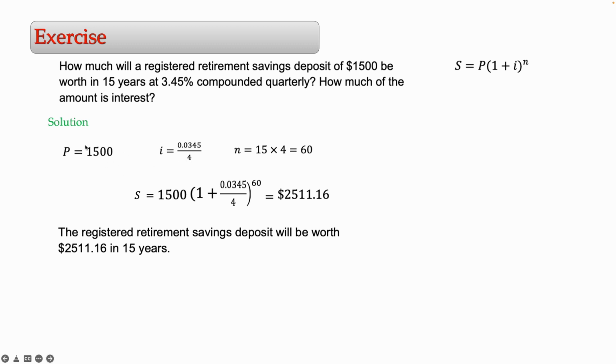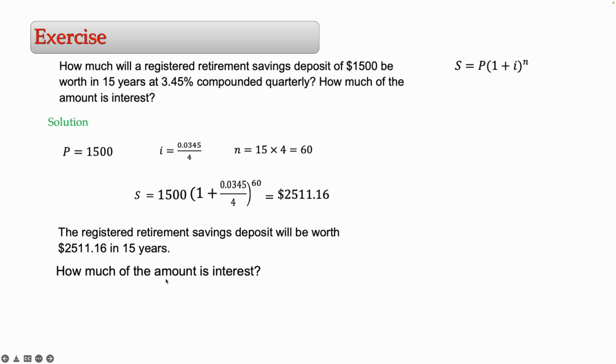Yes? We have at the beginning 1,500, and we have at the end 2,511 with 16 cents. So it means that we make a subtraction here and we get the interest. So always to know how much of the amount is interest, just make a subtraction: the final amount minus the initial amount, the future value minus the present value.